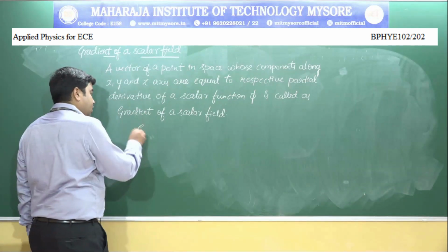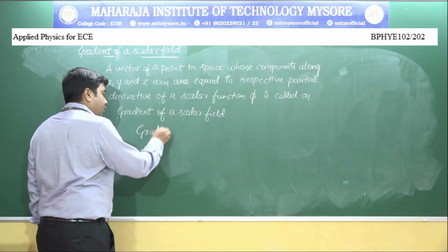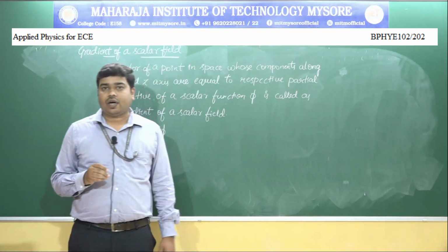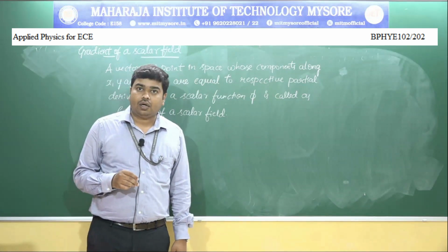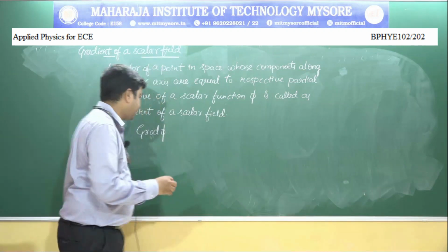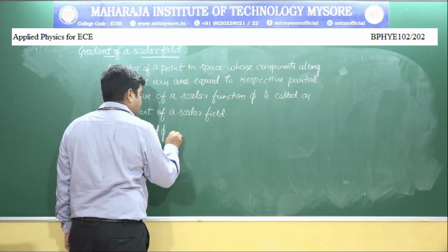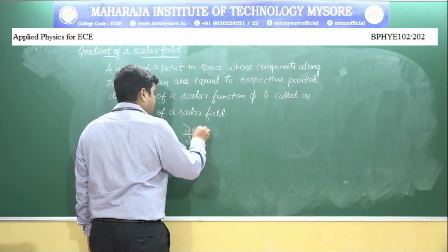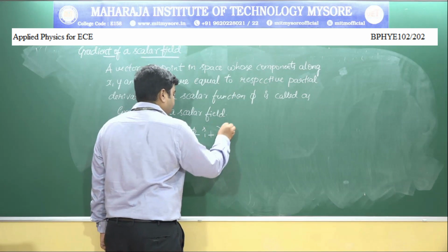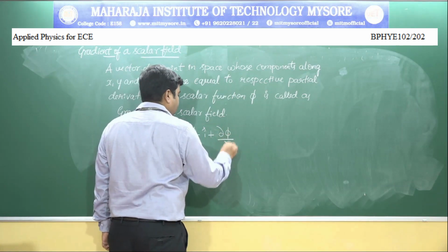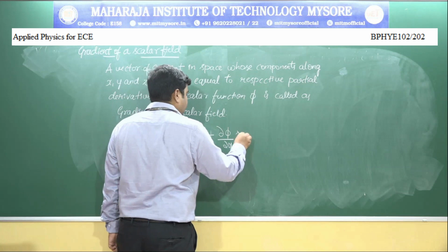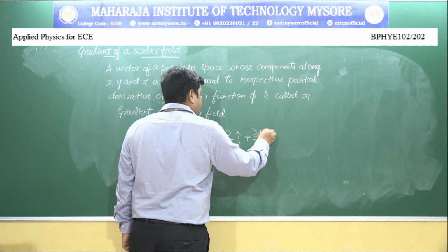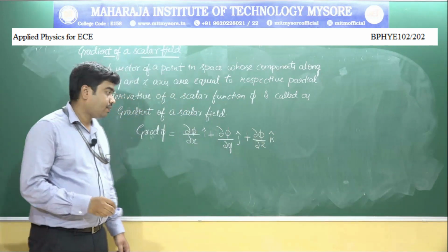It can be written as grad phi. Since we are considering the scalar field to be phi, the gradient of phi or grad phi is equal to dou phi by dou x into i cap plus dou phi by dou y into j cap plus dou phi by dou z into k cap.